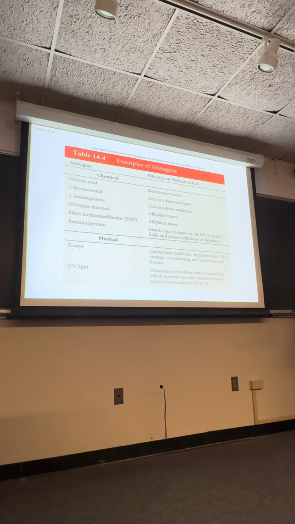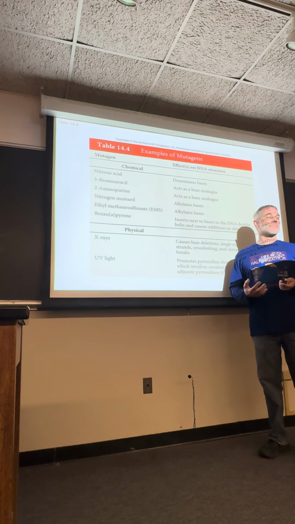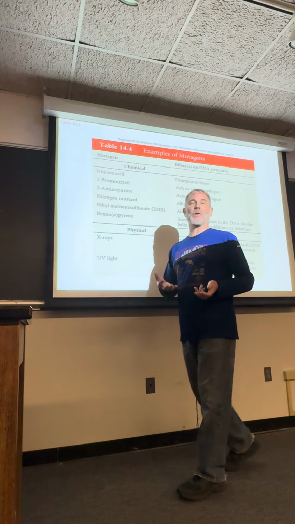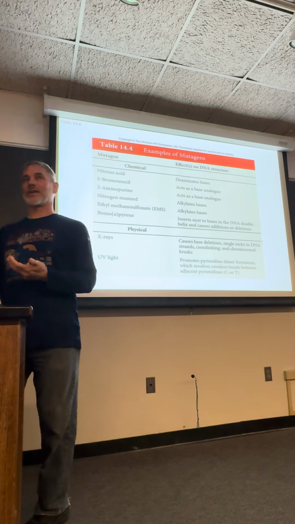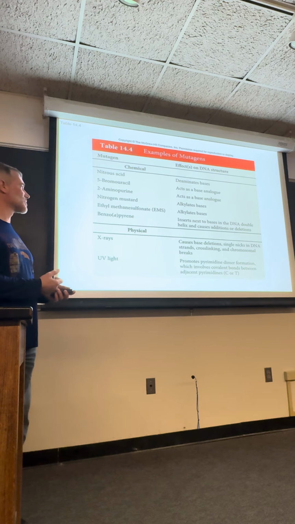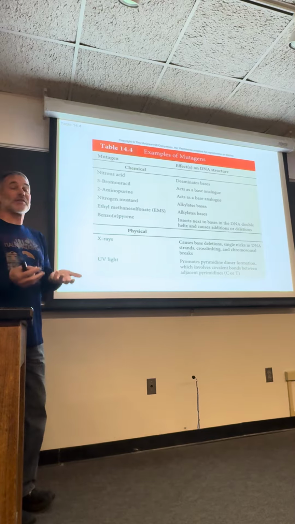A way that people used to study disorders in mice, I mean, they weren't studying it because they cared about the mice. They were studying mice because it reflected on what happened in other organisms like humans. But the way they would study it is they would intentionally expose mice to things like ethyl methane sulfonate, and they were trying to mutate the mice.